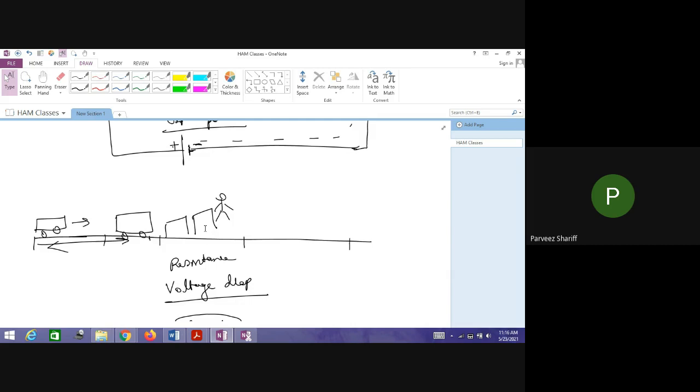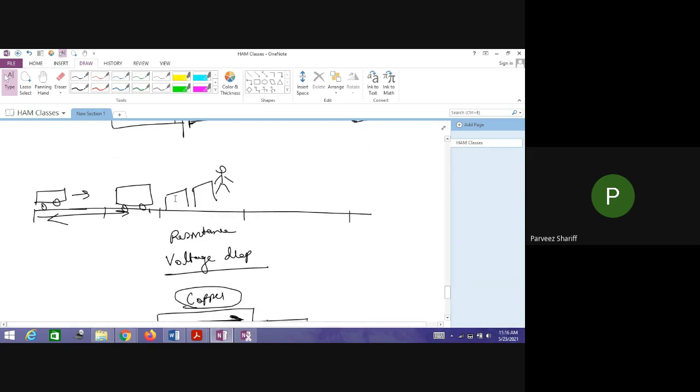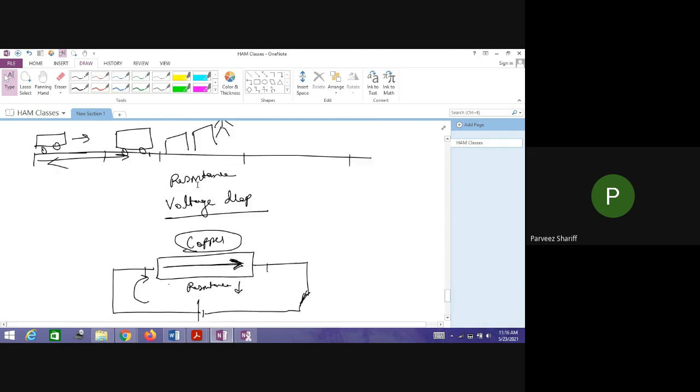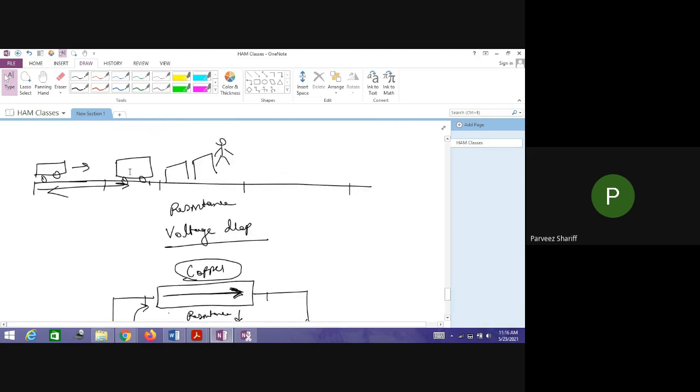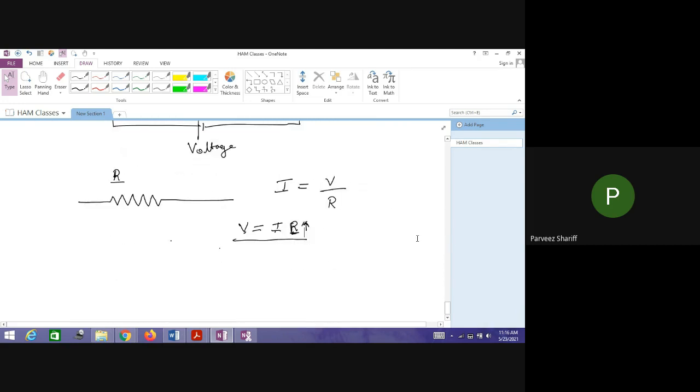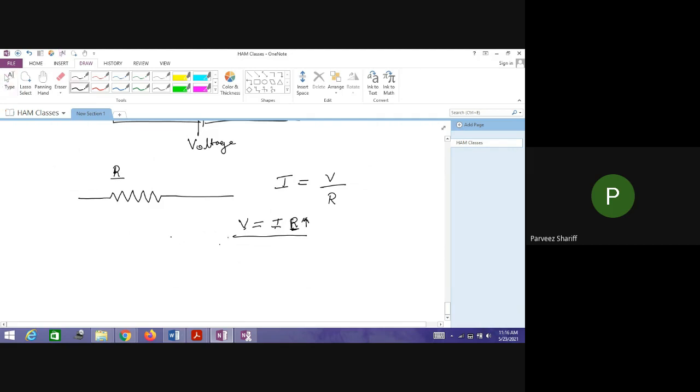If the checking is very easy, they just ask where you're going, you show the pass and you can go. Then the traffic pileup will be very less. Considering the same example, if the resistance is too high, the voltage drop is also very high. If the resistance is less, then the voltage drop across the conductor is less.